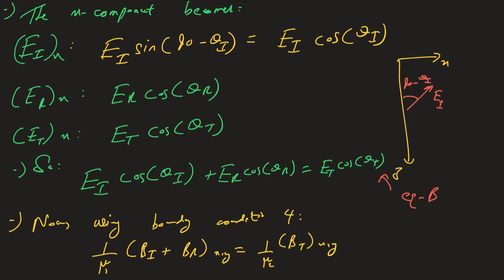Okay, so we know that the x component of B is 0, because once again it's TM polarized, so all the Bx's are 0, right? So we only care about the y components.